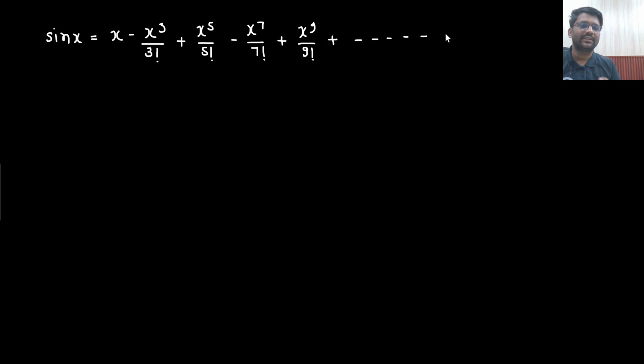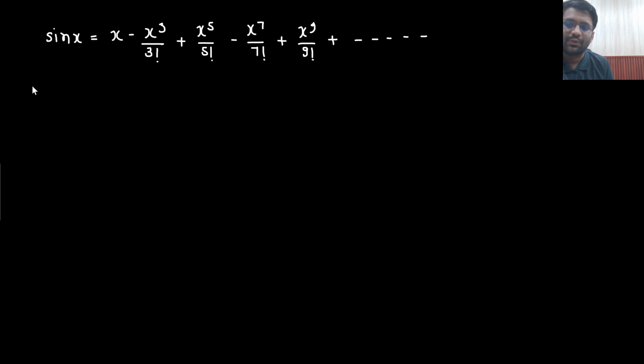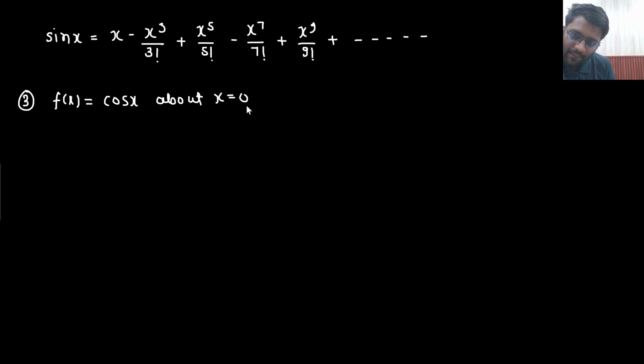Similarly, do it for cos x as well on your own. The third one is f x equals to cos x about x equals to 0. Can you do it on your own? Try doing it on your own.